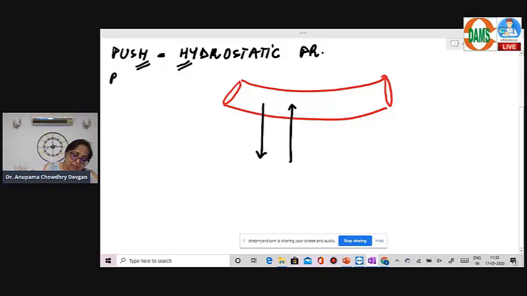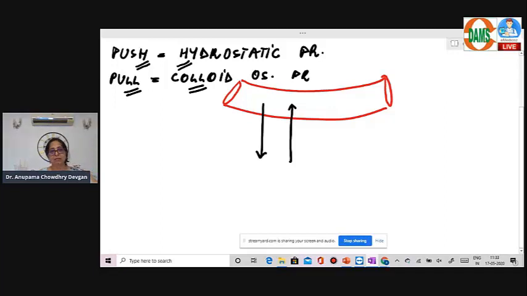What is the pull force? Pull force is the colloid osmotic pressure. Double L in colloid, double L in pull. So you have a push force and a pull force. A push force will push the water out of the capillary into the interstitial space. Pull force will pull the fluid back. So here you have Pc and pi c.